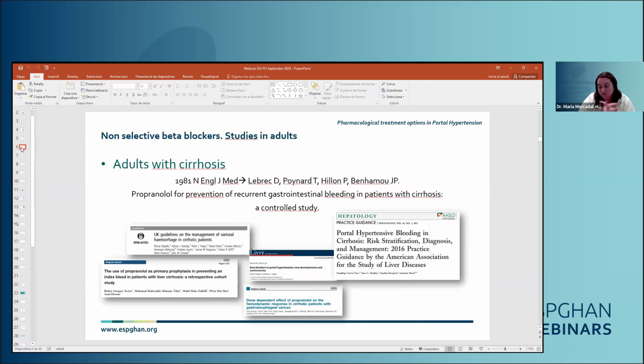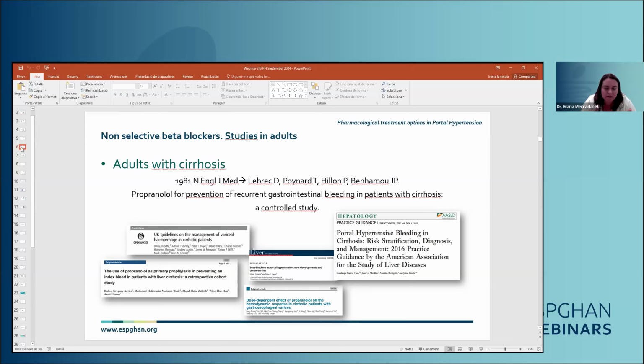I was here talking about the first studies done in adults. As I said, basically everything is done in patients with cirrhosis. First studies done with non-selective beta blockers go back to 1981, using propranolol for prevention of recurrent gastrointestinal bleeding in patients with cirrhosis.